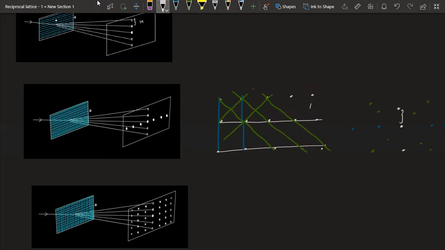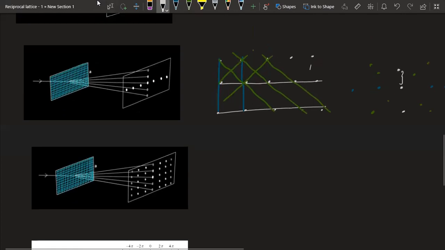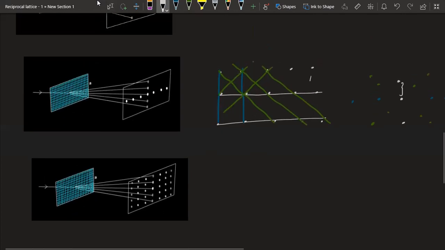If we shine some light into a crystal, we'll get a pattern of dots as shown in this figure, and from this we can infer the distance between atoms. So this vertical spacing, if we can measure this x, that'll tell us what the value of A is. Take the inverse and do some math. We'll get this inverse, and measurement of this will give the separation between these lines.